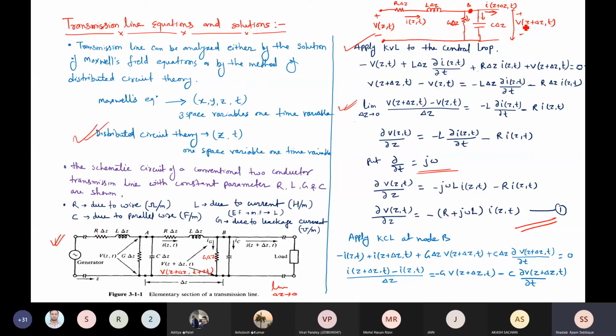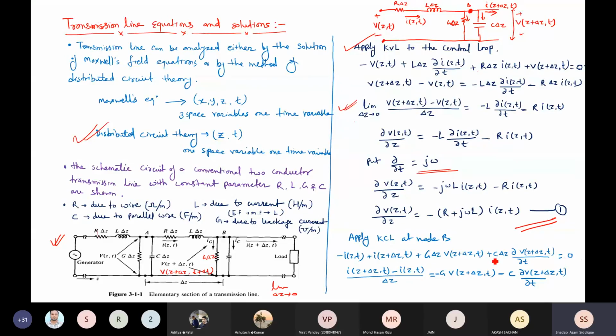So C delta Z into del V(z plus delta Z, t) divided by del t. So we have written minus I(z, t), and the current coming out from this one we write with a plus sign: plus I(z plus delta Z, t), plus G delta Z V(z plus delta Z, t), plus C delta Z del V(z plus delta Z, t) divided by del t, which is equal to 0.